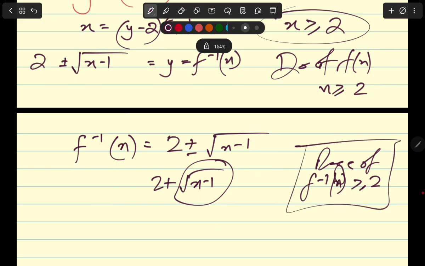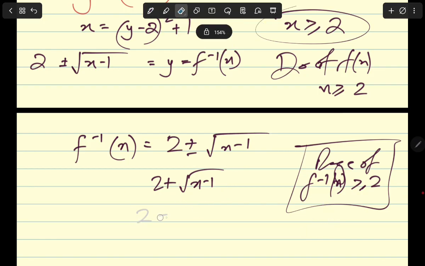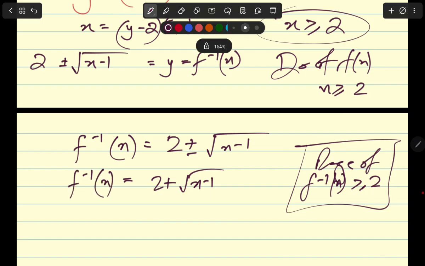We are going to be in our desired range. However, if we go on subtracting a positive value from 2, then we are not there, right? Therefore, we are going to neglect the negative sign here, and we are going to restrict f inverse of x to be 2 plus under root of x minus 1, right? Such questions in quadratics appear very, very frequently in your CIE papers.